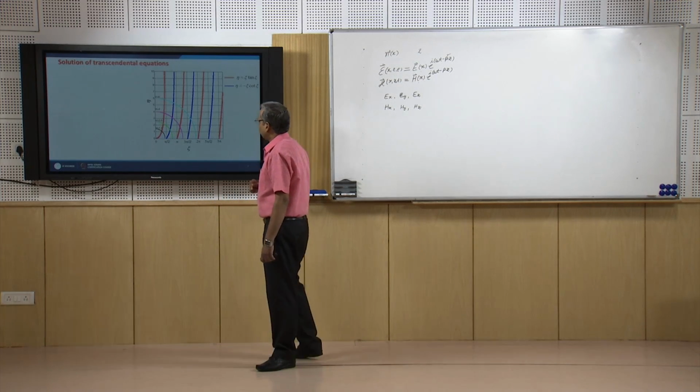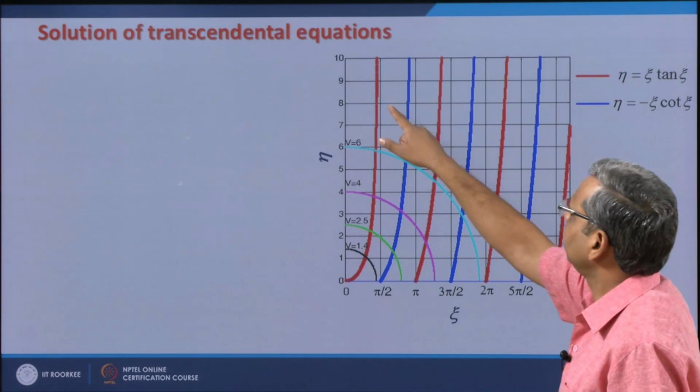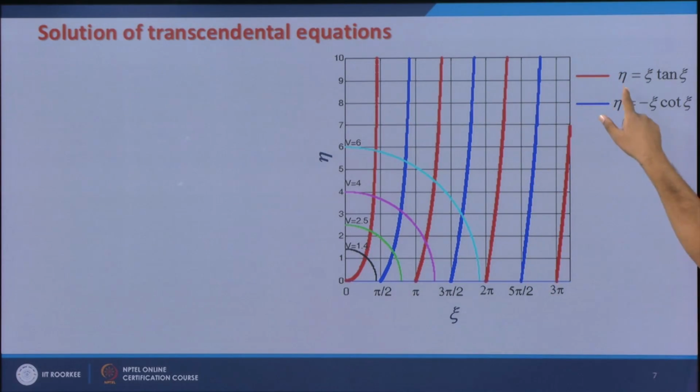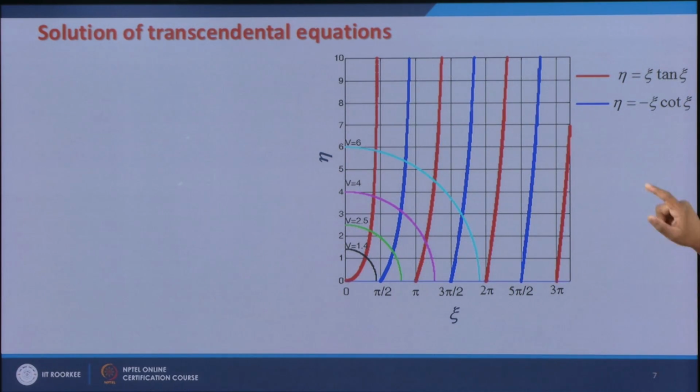Okay, so let us plot these. Here the red line shows the equation eta is equal to xi tan xi, which corresponds to symmetric modes, and these blue lines show the plot for eta is equal to minus xi cot xi, which corresponds to anti-symmetric modes.